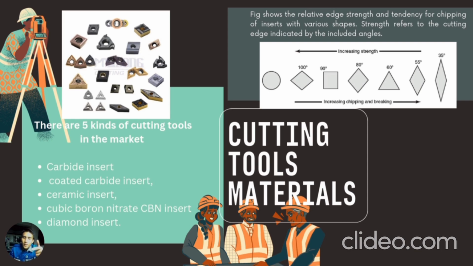We can see from the figure that there are round, circle, diamond, and rectangle shapes. This shape refers to the materials that we need to cut. There are some cutting tools that we can find in our marketplace.